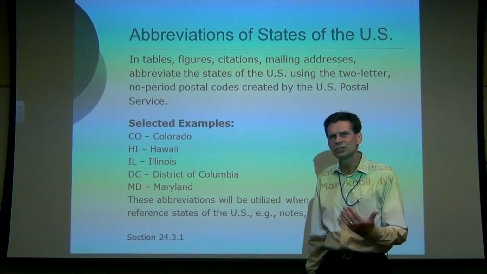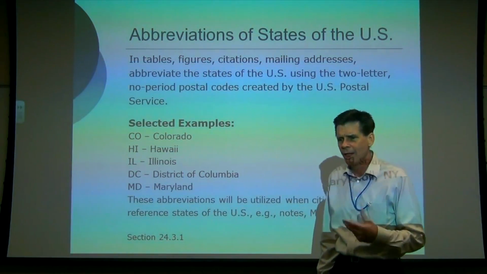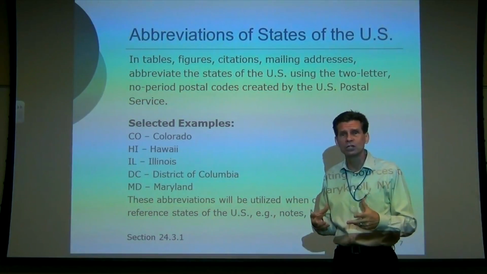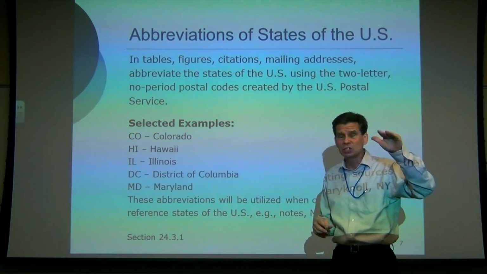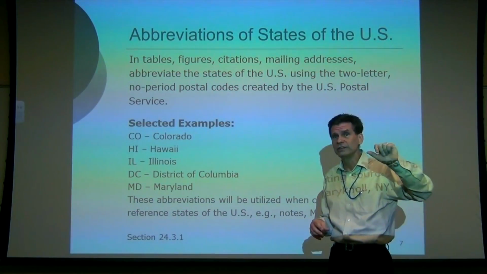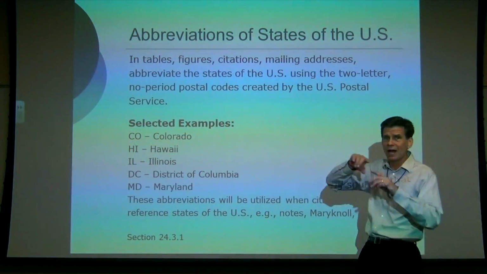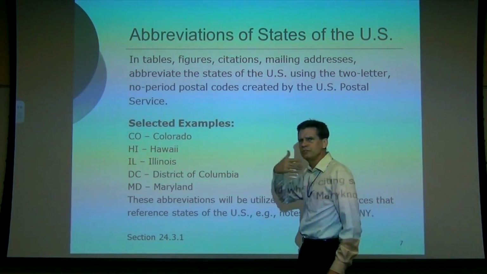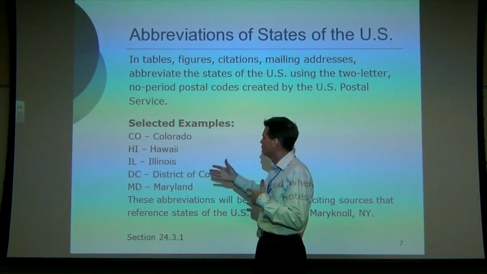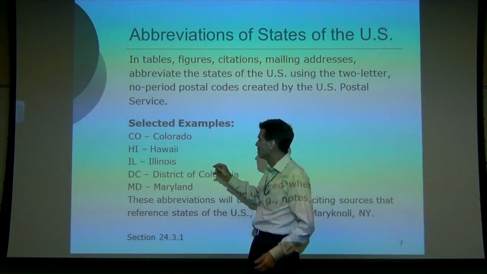Abbreviations of states. Now here's the issue, here's the problem for you. You might be coming from a different citation tradition. Or if you go up to ATLA, certainly, the ATLA database, they do not use the Turabian style for their citation page. So you're going to see all sorts of different ways of putting this material up.